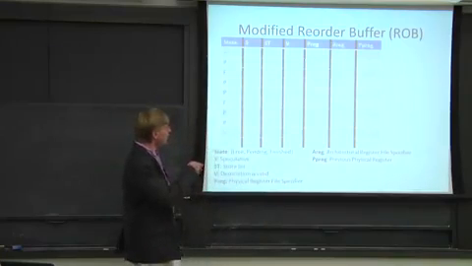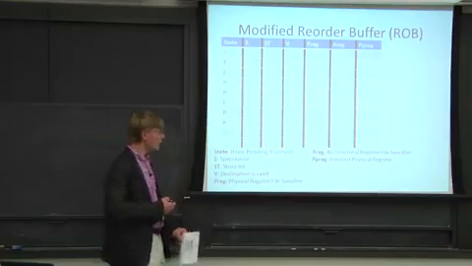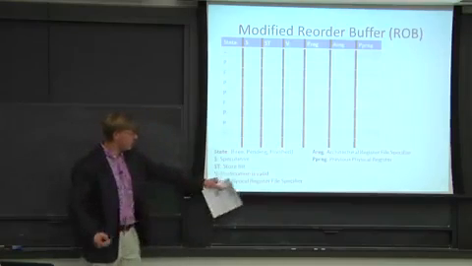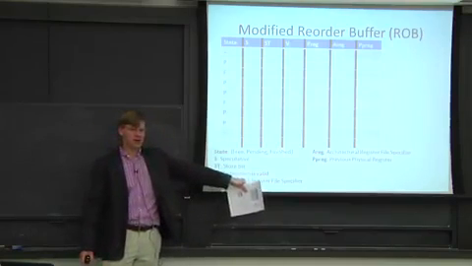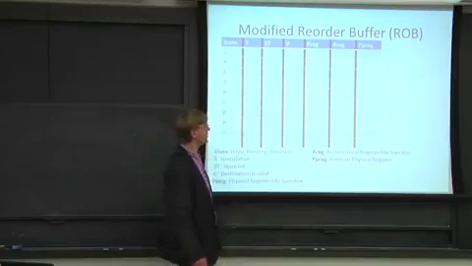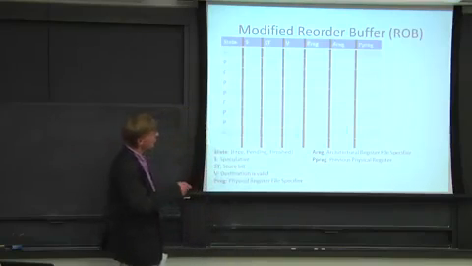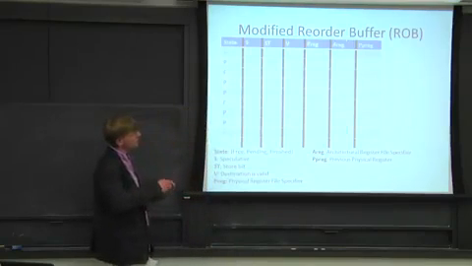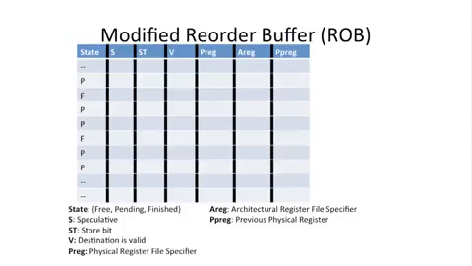And we have a field here, which we had before, which was the physical register file specifier. So this tells us where to go read from. That's all good. But now we add some extra bits here. The first one is an architectural register file specifier.